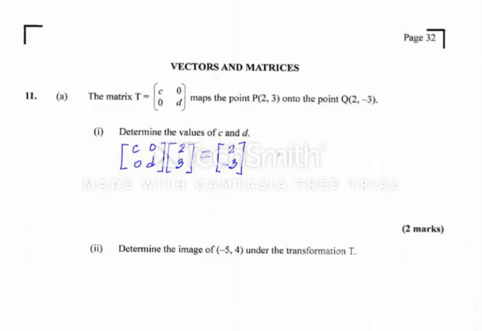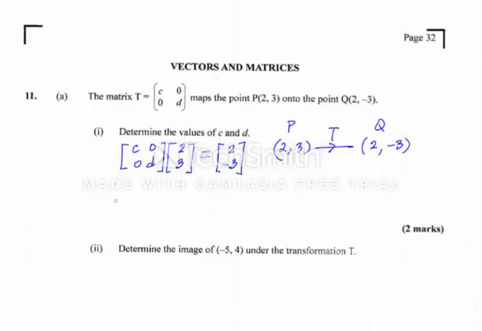So P, which is (2, 3), under T became the point Q. So this is P, and it became Q, which is (2, -3). So again, all T did to P was simply change the sign of the y coordinate. The x coordinate remains the same.